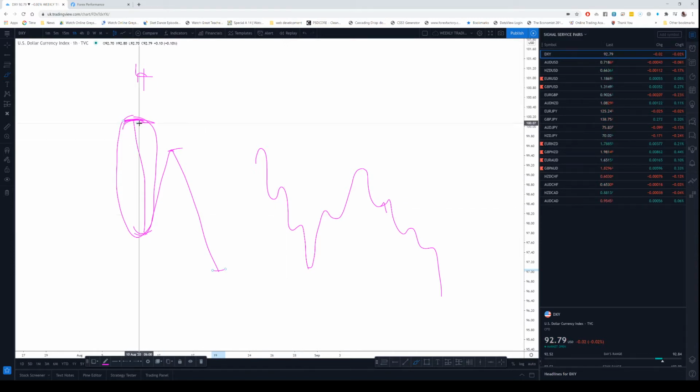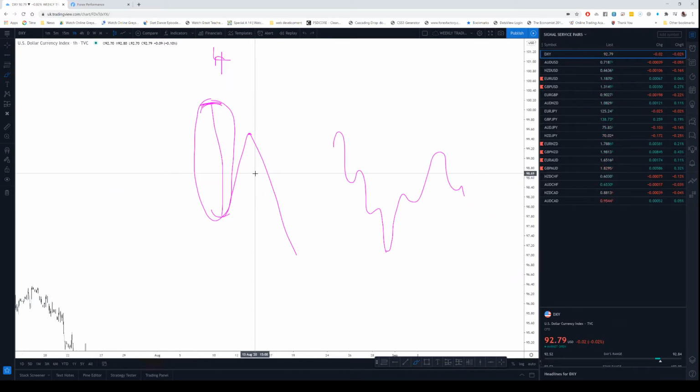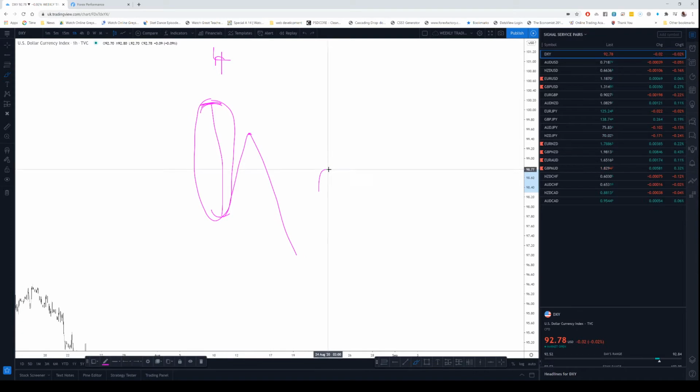See, the 4-hour structure is bearish, but inside the 4-hour structure we do have 1-hour market structure, and the 1-hour market structure can turn bullish whilst the 4-hour market structure is bearish. So if this is the 1-hour, this is not the best drawing, but let me redraw it again. Something like this.